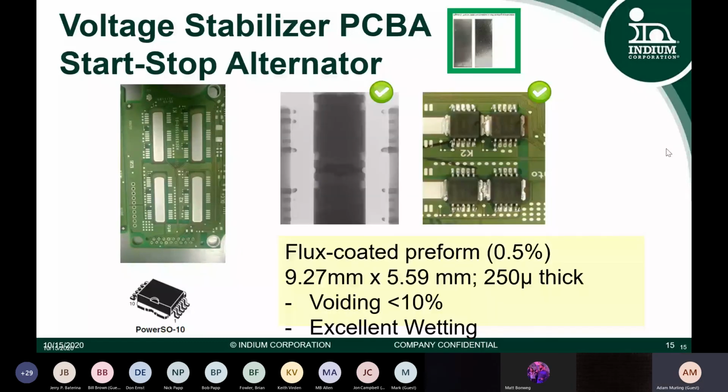So in order to print the rest of the board appropriately, we had to, again, add the preform to help with the solder paste volume, because the thickness of the stencil was unrealistic from a step perspective for those interior apertures, while also keeping the leads at an appropriate volume and not skipping due to the different area ratio that the leads would see versus the overall ground plane for this part.